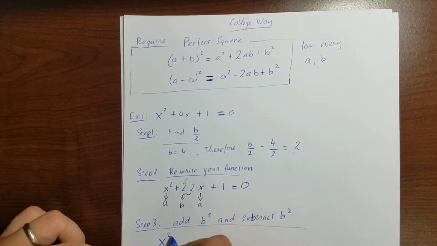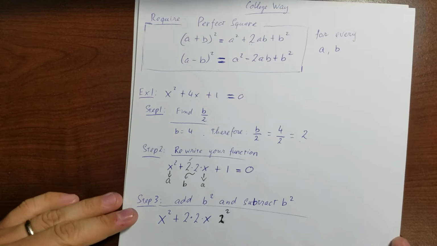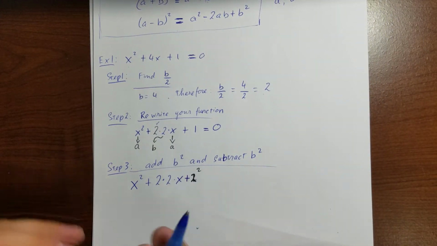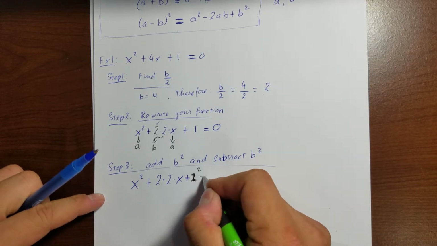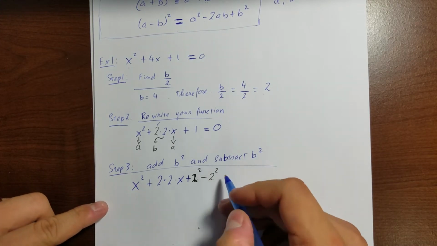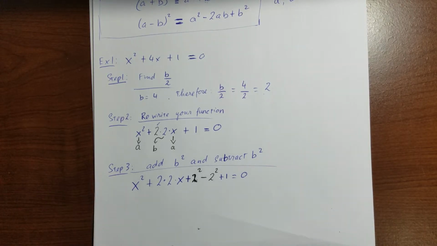Meaning x squared plus 2 times 2 times x, and since we found our b is 2, plus 2 squared, and you subtract it immediately, plus 1 equal to 0.